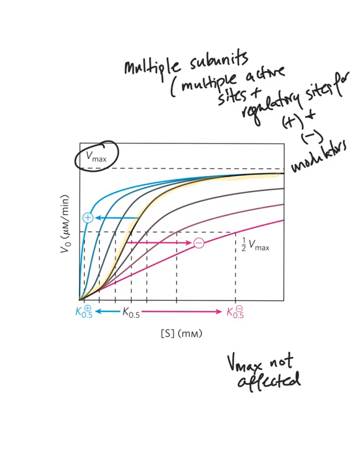So if you have a positive modulator, you're going to shift the curve to the left. And because there's multiple regulatory sites, the more ligand or more modulator that you add, the more you'll shift the curve to the left, and you'll lose that sigmoidal shape.